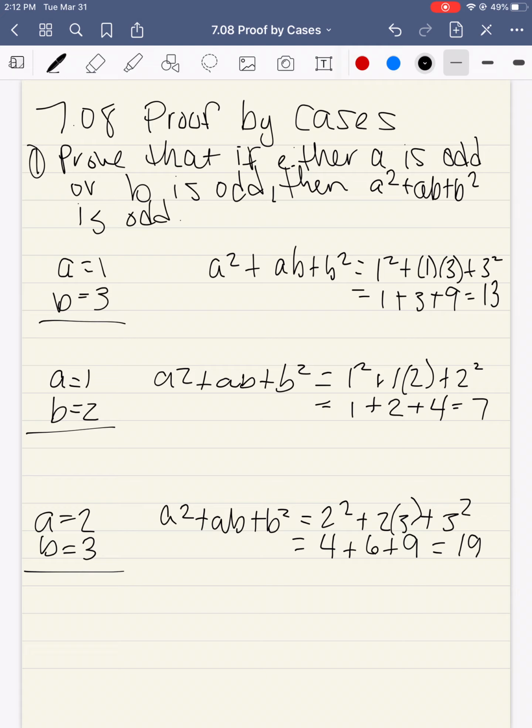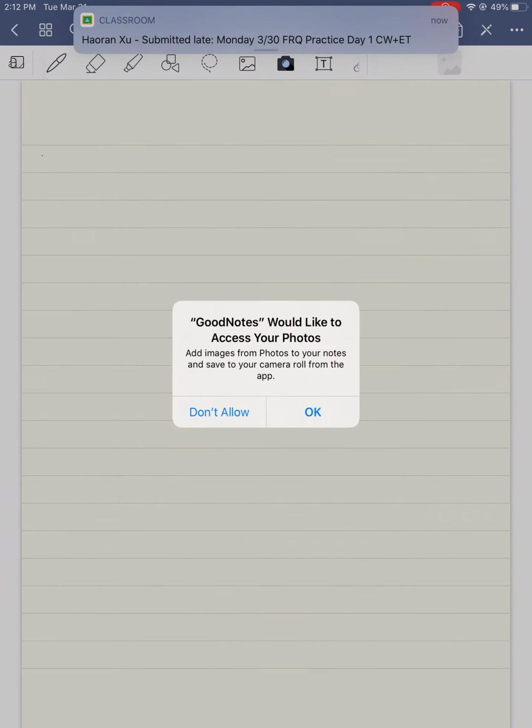So let's go ahead and just start with the first one that we have here, when both A and B are odd. So we want to prove, assume either A is odd or B is odd.